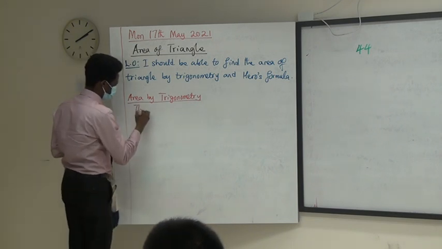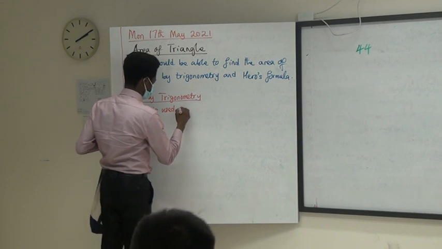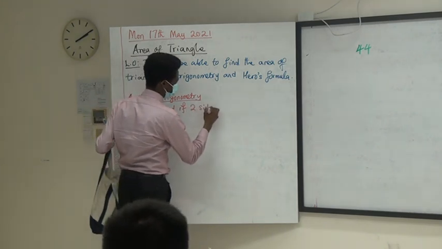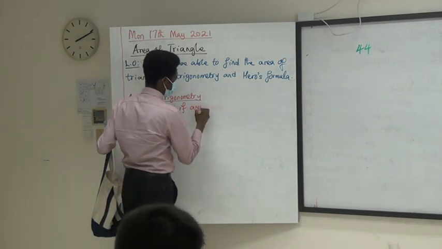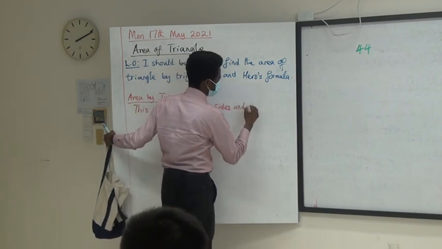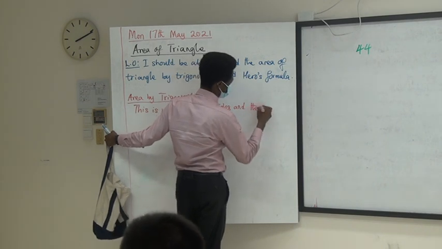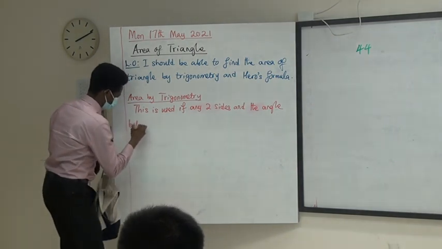This is used if two sides, any two sides, and the angle between them, are known.